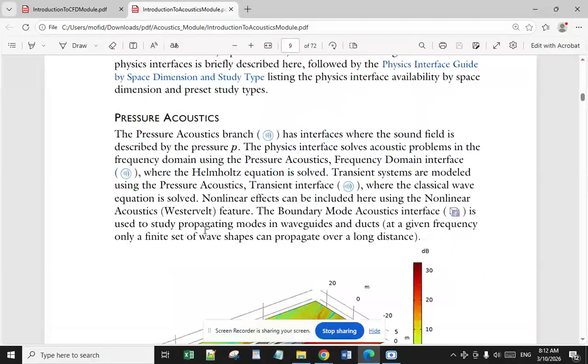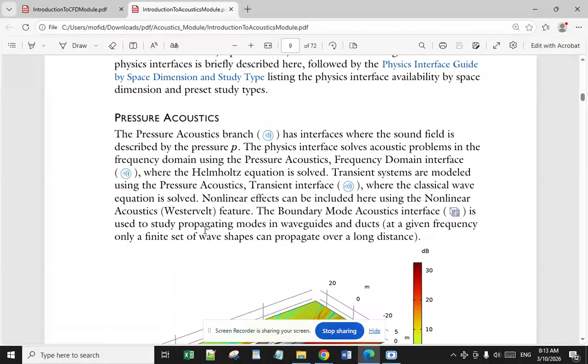The chapter on Pressure Acoustics. The Pressure Acoustics branch has interfaces where the sound field is described by the pressure p. The physics interface solves acoustic problems in the frequency domain using the Pressure Acoustics, Frequency Domain interface, where the Helmholtz equation is solved. Transient systems are modeled using the Pressure Acoustics, Transient interface, where the classical wave equation is solved. Nonlinear effects can be included here using the Nonlinear Acoustics (Westervelt) feature.